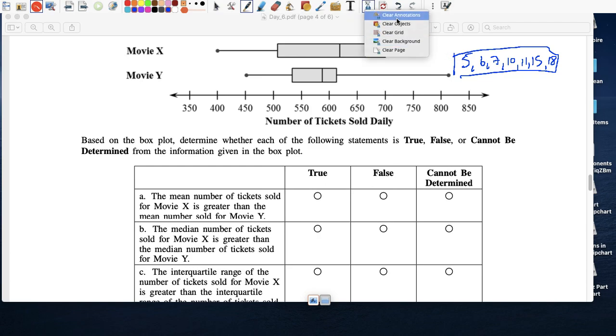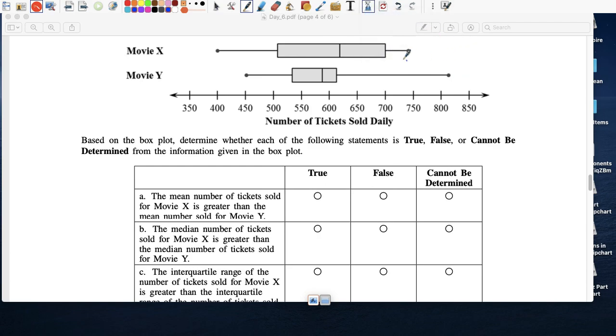But the problem is, if I just give you the box plot, I have no idea what the numbers were that were used to create it. I don't have the set of numbers, so I can't find the mean number of tickets sold. You can't find the mean on the box plot.